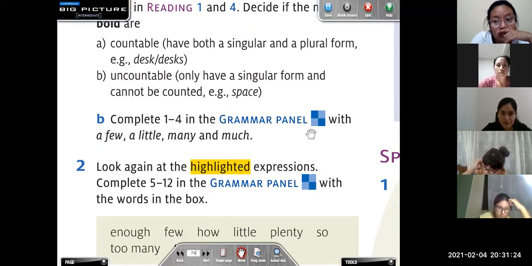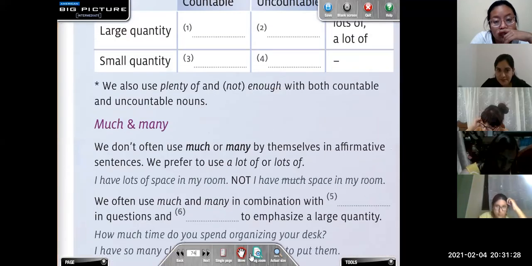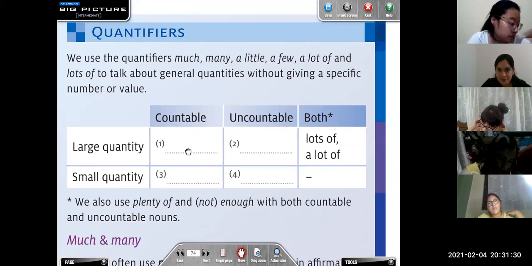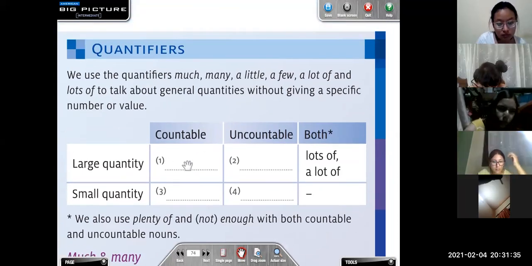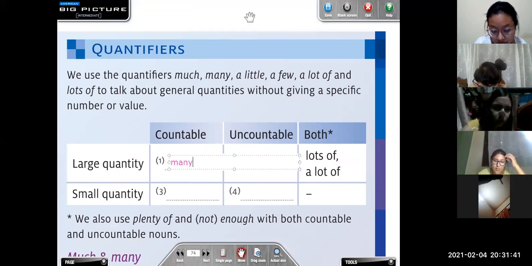And this is for large quantities, right? So here we have 1 to 4. Large quantity is many, so we have to write here many. For uncountable and large quantity, much.